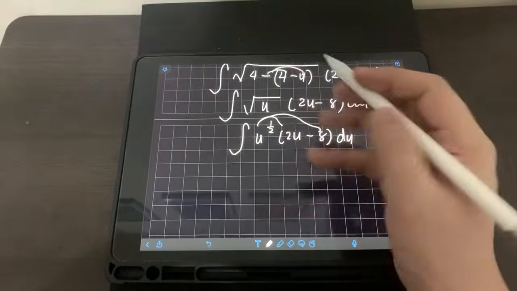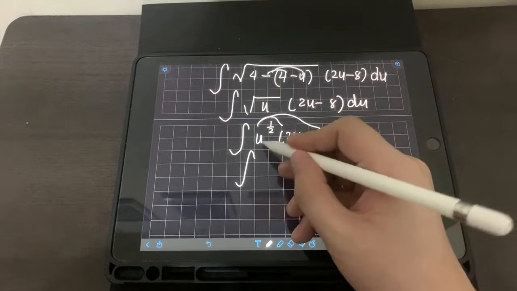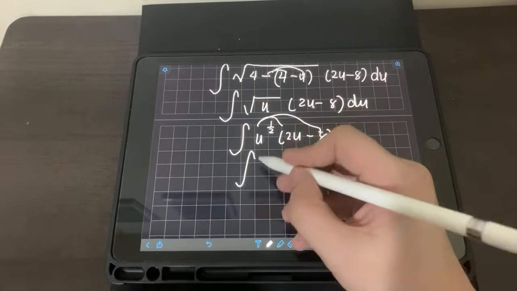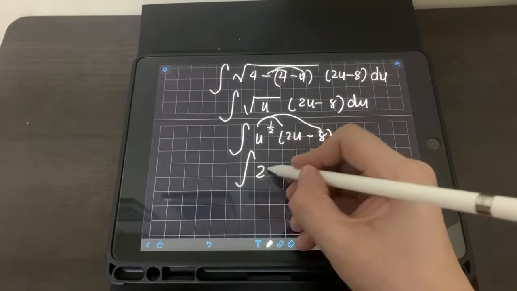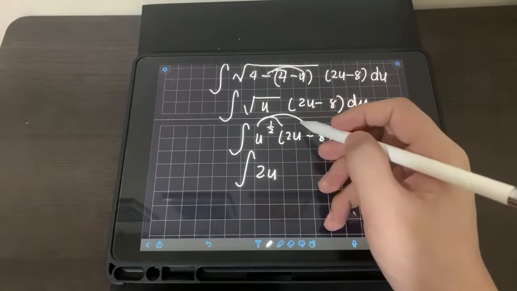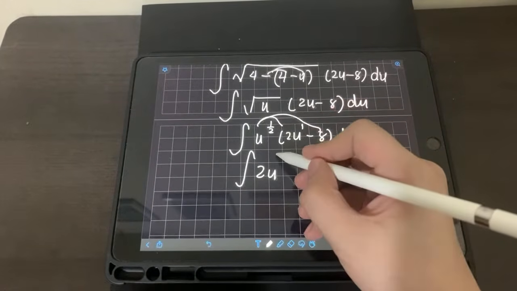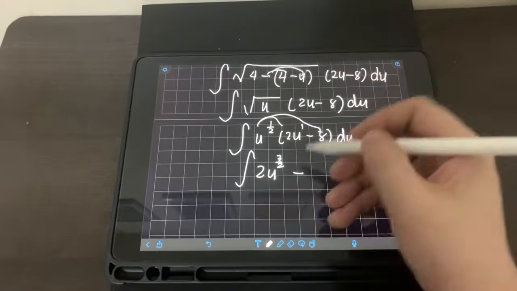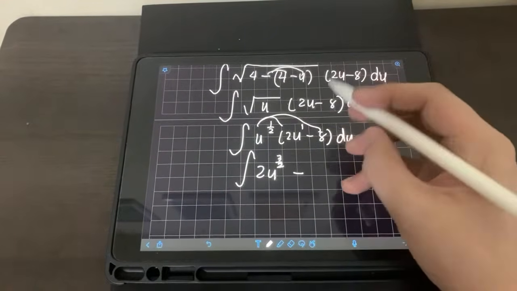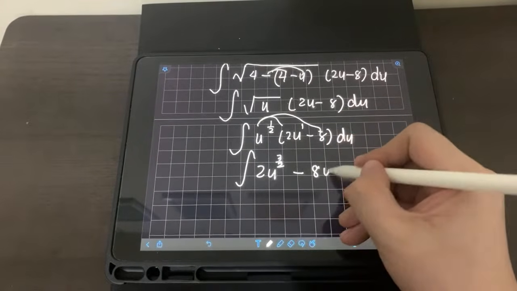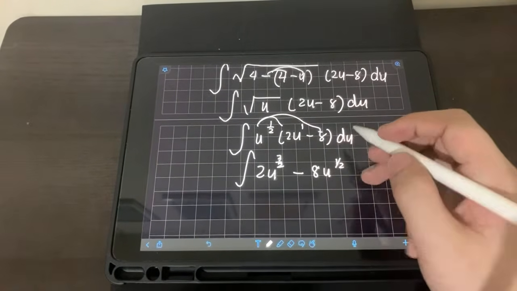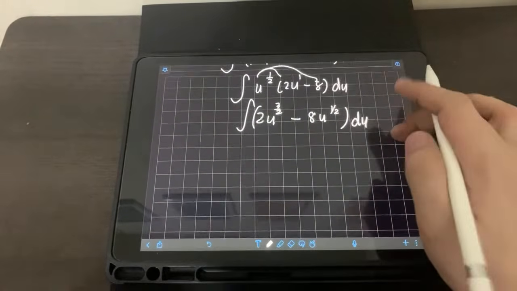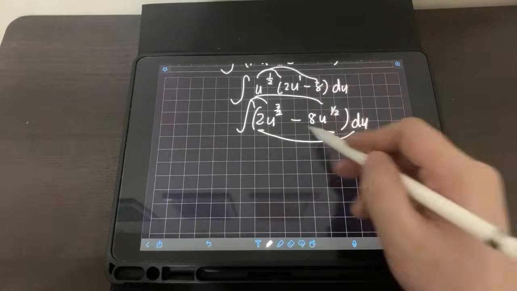So, you can distribute u raised to 1/2. So, u raised to 1/2 times 2u, 2 times u raised to, add the exponent, 1/2 plus 1, 1 and 1/2 or 3/2. Right? And then, minus u to the 1/2 times 8 u to the 1/2. And then, times du. Okay, so you can distribute the integral symbol together with the du.